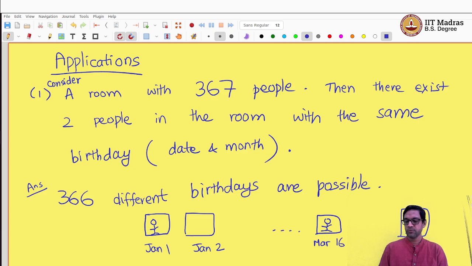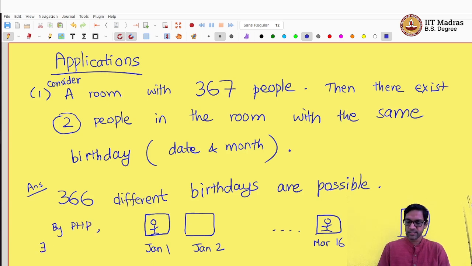So I'm trying to put these 367 people into their respective birthday boxes, and there are only 366 different boxes. So by the pigeonhole principle, some two people have to go to the same box. There exists a box which contains two or more people. But that's really all I have to prove. I have to somehow find two people in the room whose birthday is the same.